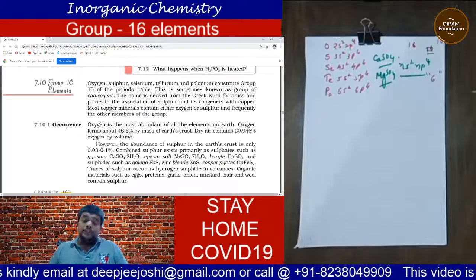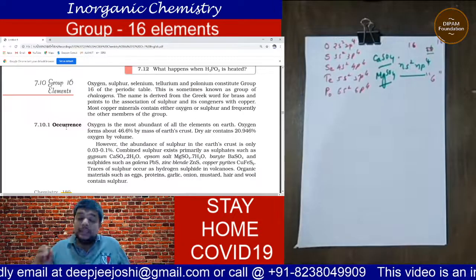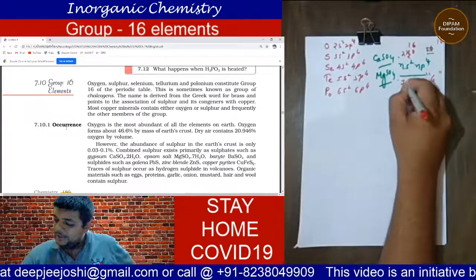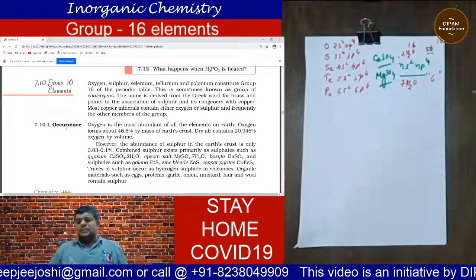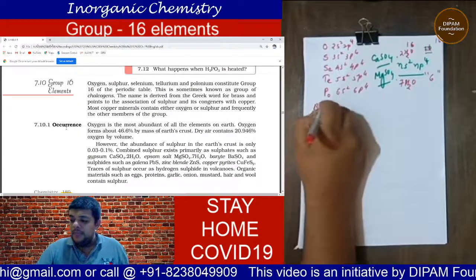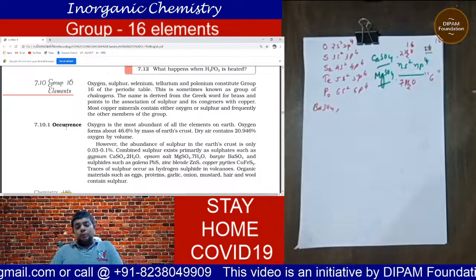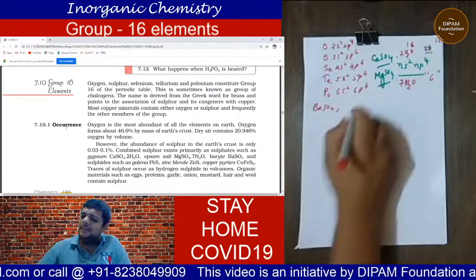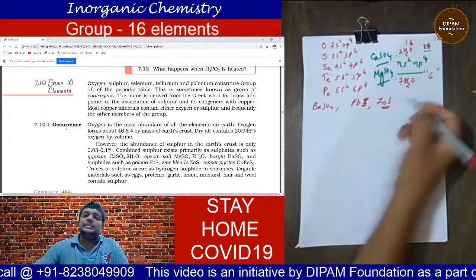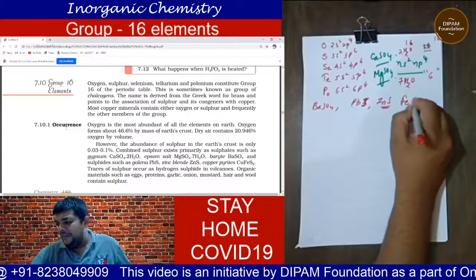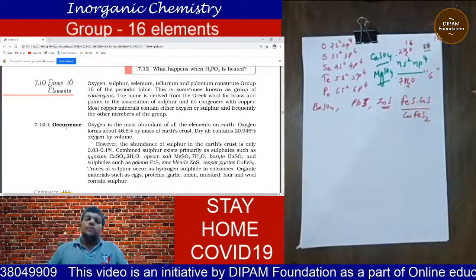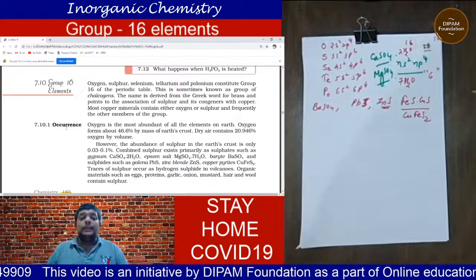But we are very much versed in learning that when we say calcium sulfate, we must always mention 2H2O, and when we say magnesium-bearing Epsom salt, we must always mention 7H2O. Apart from these two, baryte, that is BaSO4, is also one of the very important sources of sulfur, along with several sulfides like PbS, that is galena, ZnS, that is zinc blende, and the FeS and CuS mixture, CuFeS2, which is popularly known as copper pyrites.